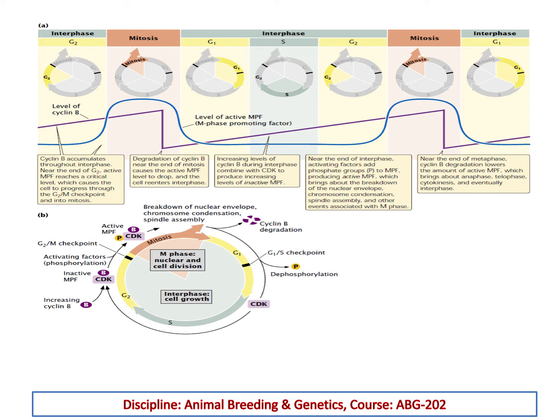And as soon as the cells are divided, the cyclin B is degraded. Cyclin B is the important player among those three which play a vital role in cell division. And if it is degraded, definitely the signal is clear that there will be no more division.